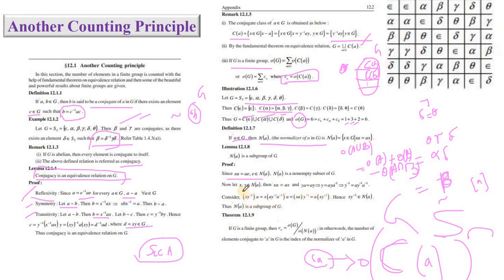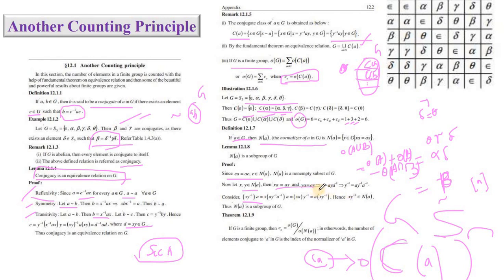Otherwise, we have to consider 2 elements x, y in N of A and show that x y inverse is also in N of A. Which means any element will belong to N of A provided it commutes with A. So x y inverse A should be equal to A x y inverse. What is known to us is that x belongs to N of A, so it will commute with A. y belongs to N of A, so it will commute with A. So these are the two relations that we have.